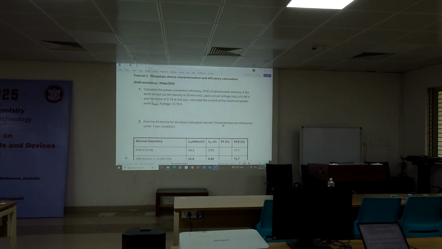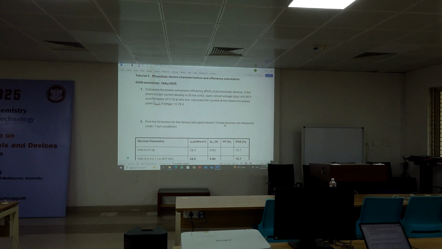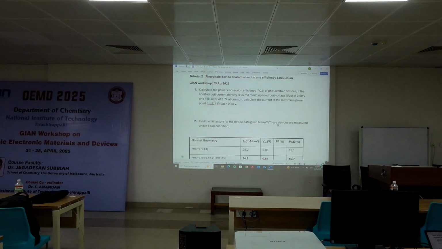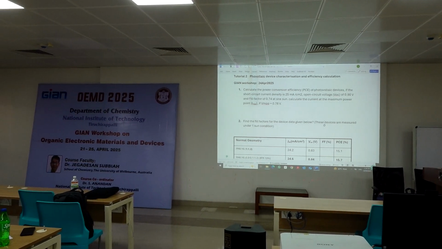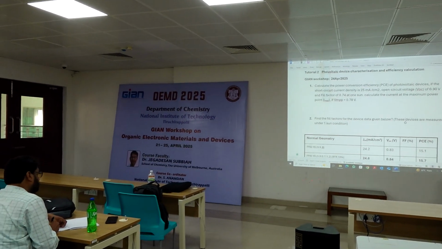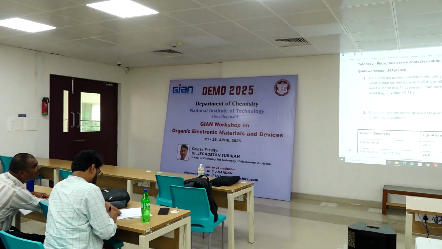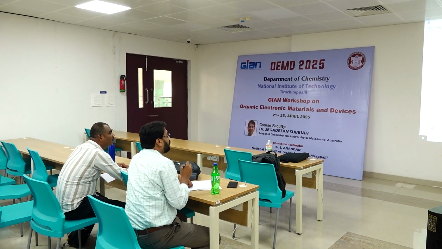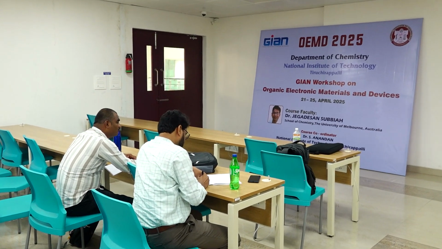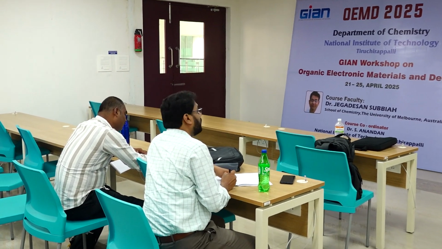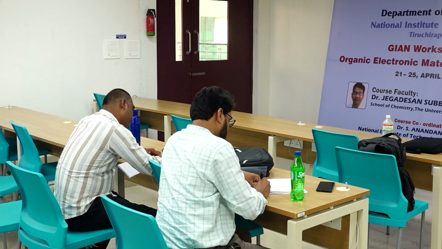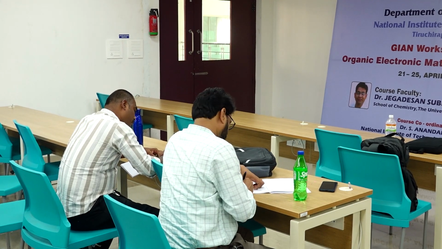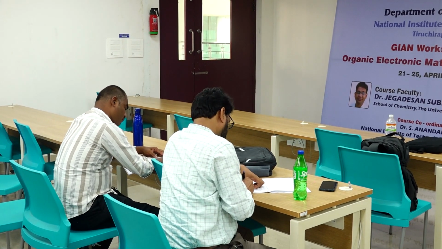Because 1 sun is equal to 1000 watts per meter squared. The power input, you just take it as 1, the denominator. Okay, so just take 1 sun, the P in, the power in. Just put 1 in the denominator because these are all calculated under 1 sun.